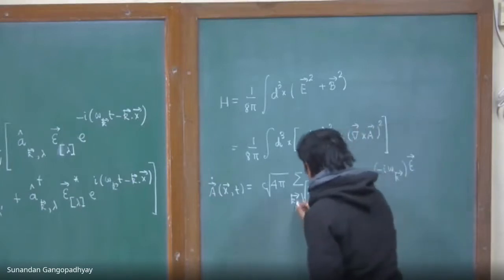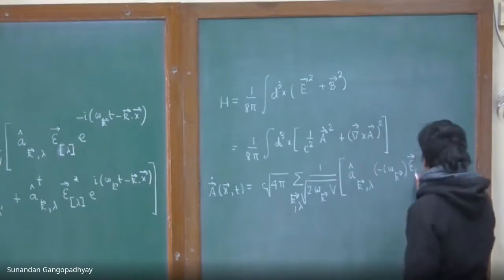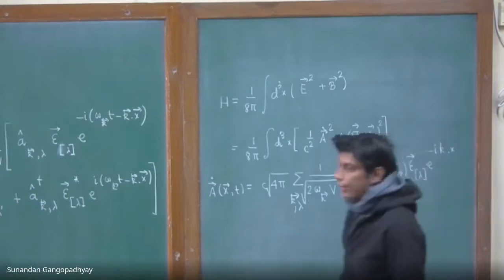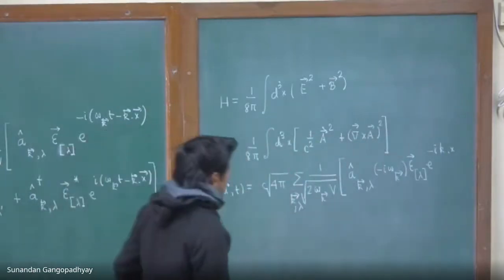I am always missing the summation over lambda, so there is a sum over lambda, epsilon lambda e to the power of minus i k dot x, where the k0 component is omega k, which is related to the k vector.